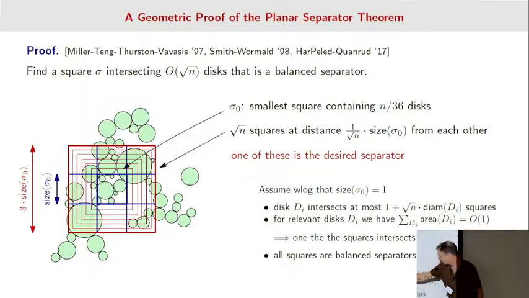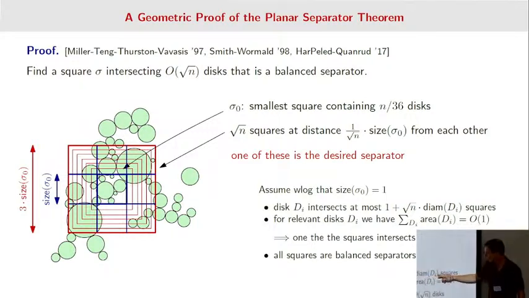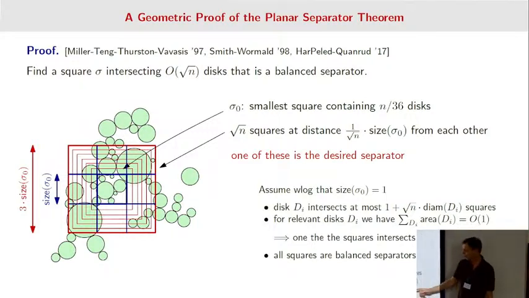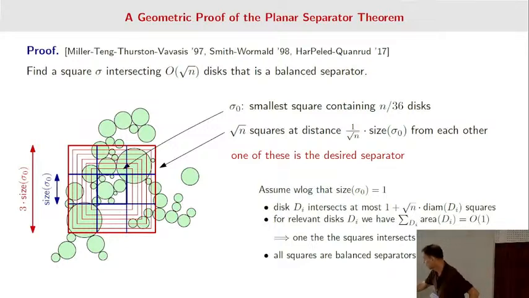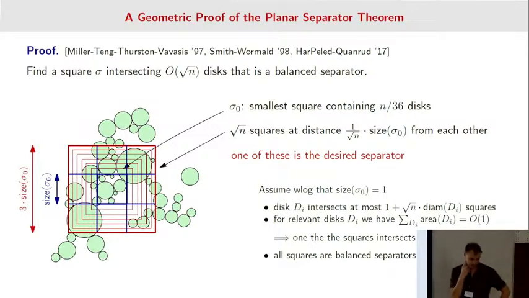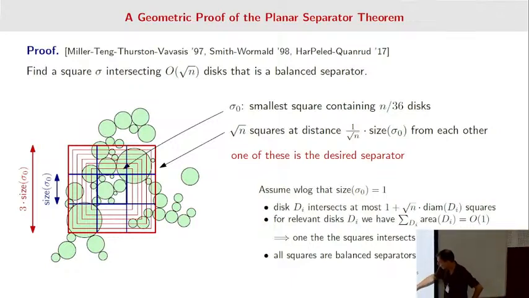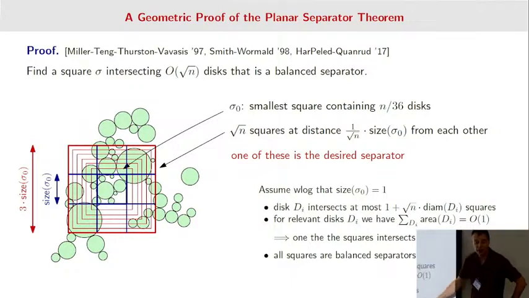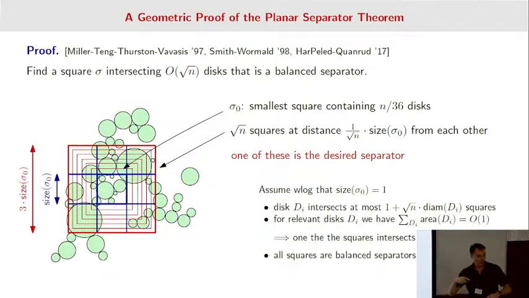And a disk intersects at most, well, if you look at the diameter, the distance between two of my squares is 1 over square root of n, so it will intersect at most this many squares. If you put these together, in total you have n times square root of n pairwise intersections, so one of the squares should intersect only square root of n of the disks.